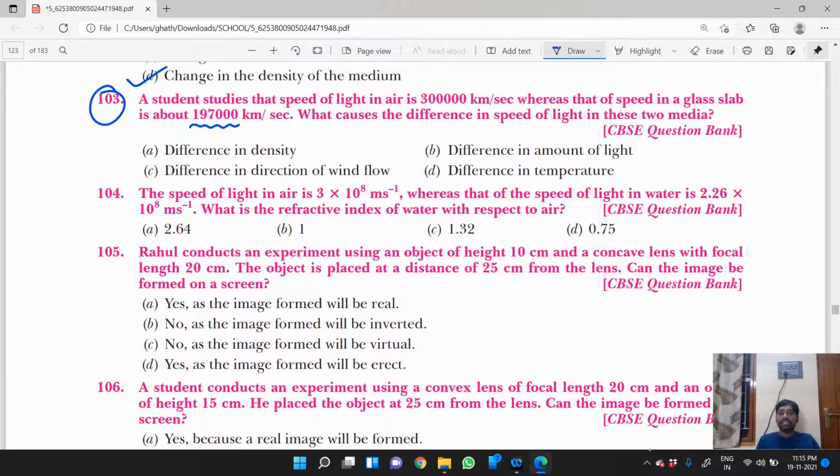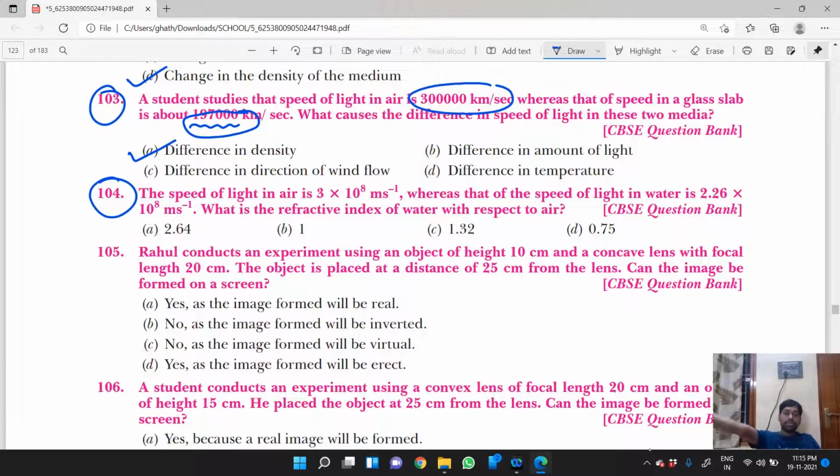What causes the difference in the speed? Because of the difference in optical density. Glass is optically denser than air, so that is the reason for the difference between the speed of light in air and the speed of light in glass.